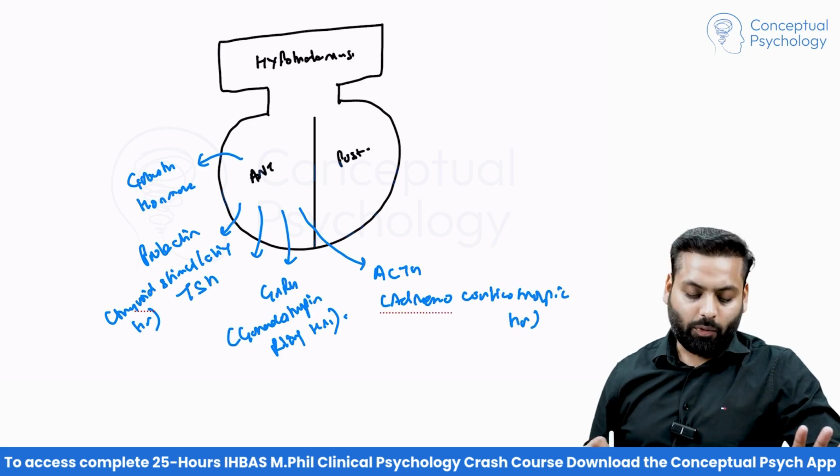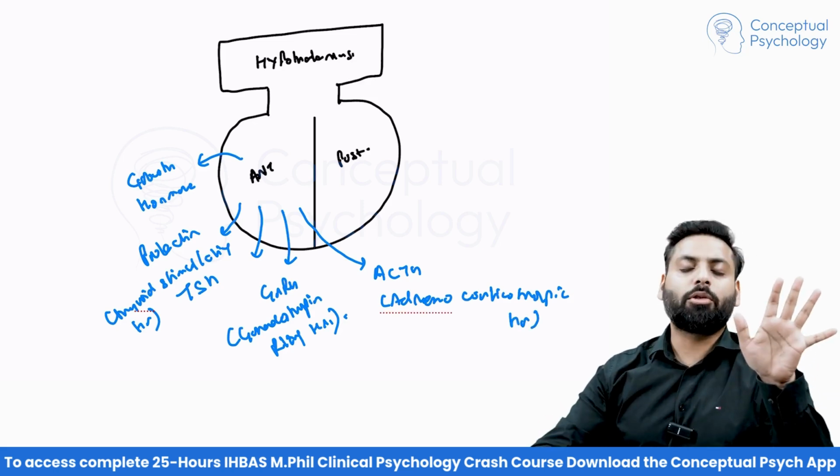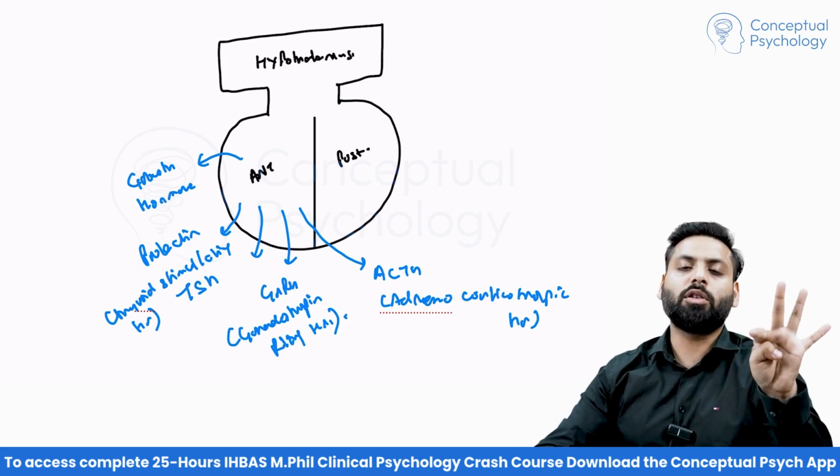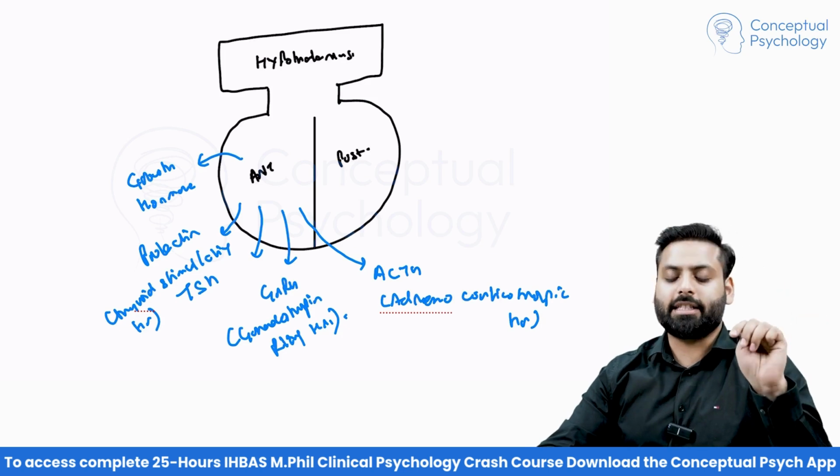So the anterior pituitary is releasing 5 hormones: growth hormone, prolactin, TSH, GnRH, ACTH.